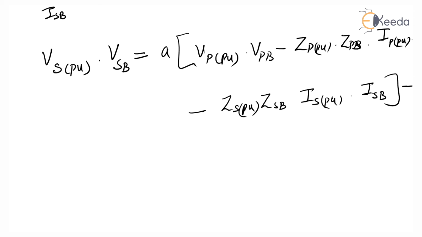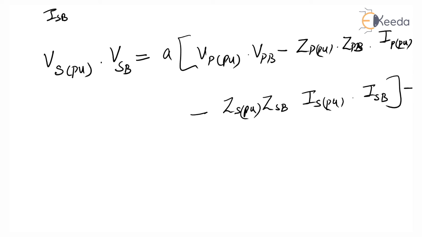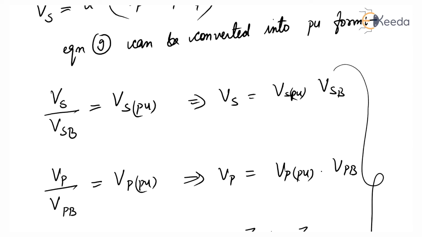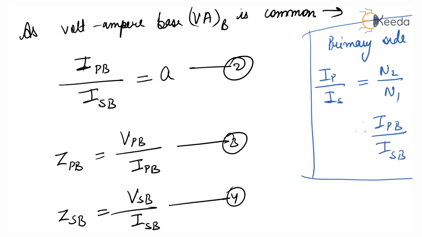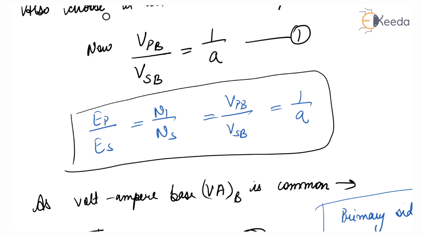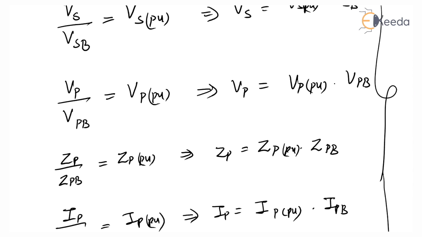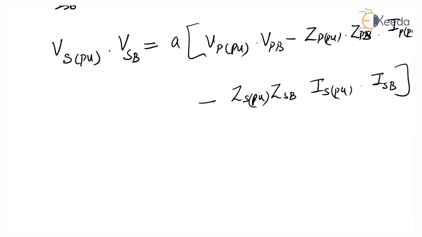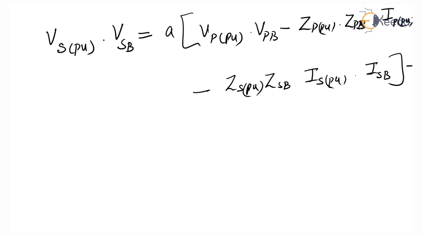Now divide this equation 10 by VSB and use the base relationships of equations 1, 2, 3 and 4. We have to divide this whole equation 10 by VSB. So in Vs per unit, VSB cancels out.